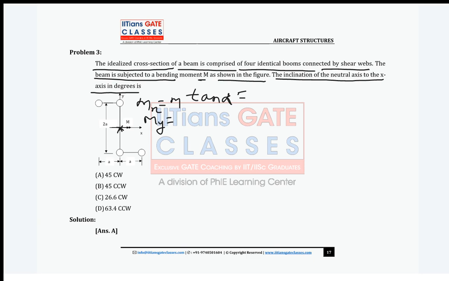So what is your tan alpha? We know tan alpha is My into Ixx minus Mx into Ixy upon Mx into Iyy minus My into Ixy, right? This formula we know, right? This is the position of neutral axis tan alpha.